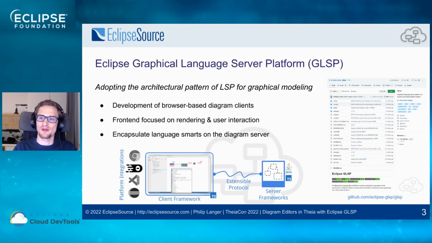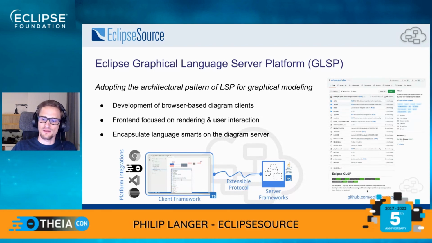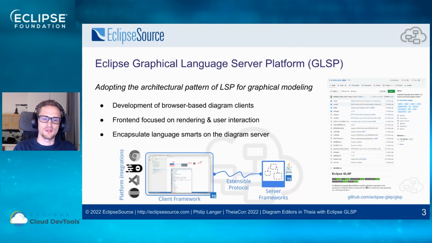Eclipse GLSP is an open source framework, as I already mentioned. It's hosted by the Eclipse Foundation and is available on GitHub. So you can find the GLSP repository at this URL here. And what this set of repositories provides is basically four types of components.